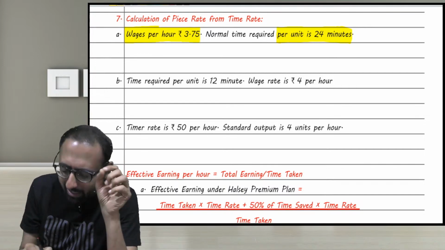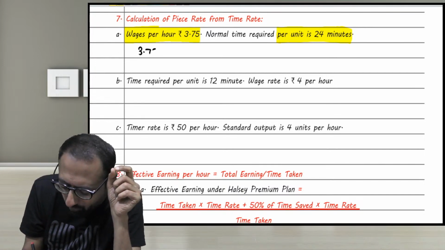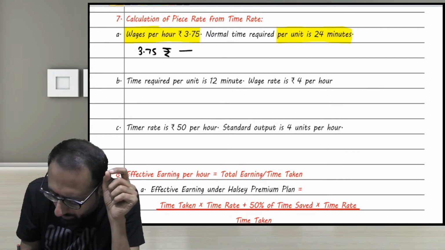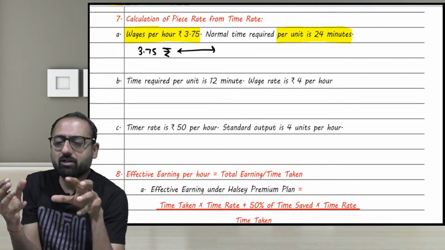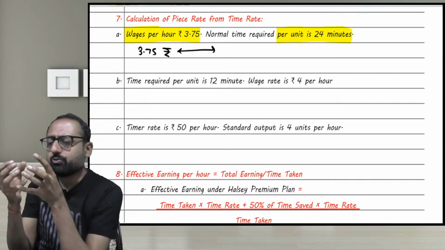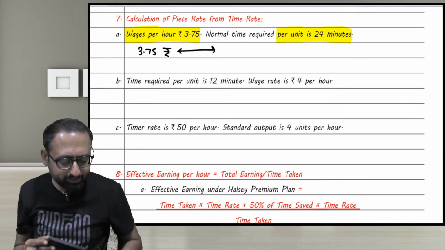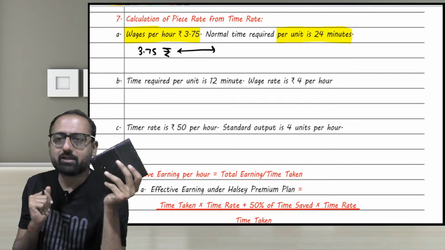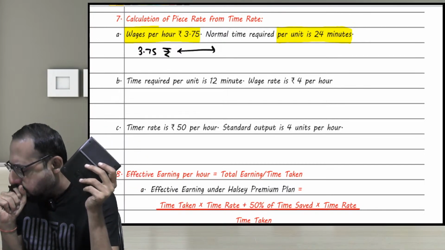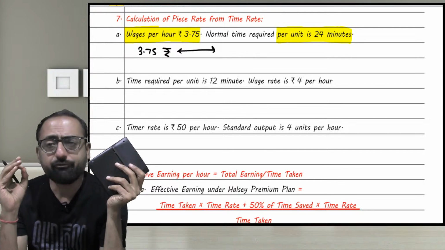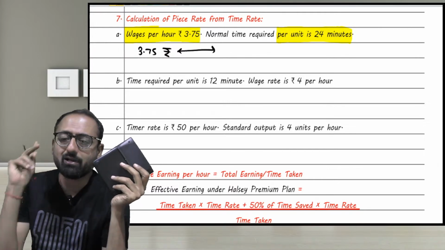So boys and girls, I am paying the worker 3.75 rupees. For that 3.75, they will give me some units of calculator. Now we'll check that. 24 minutes is required to produce one calculator.